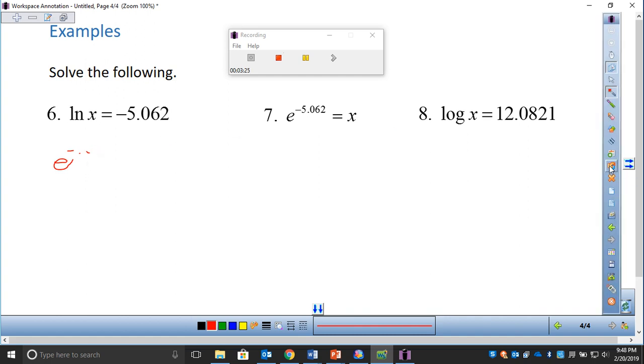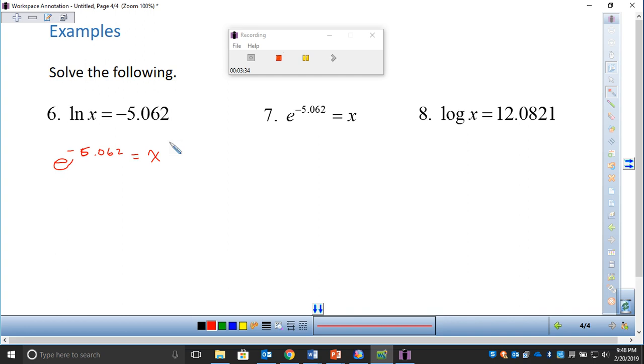Let's try this again. Sorry about that. Negative 5.062 equals x. Now you have an e button. That's the second natural log button. So again, right in between the, on the left side of the 7 and the 4.